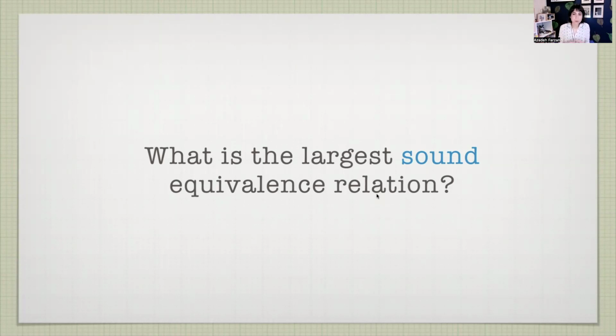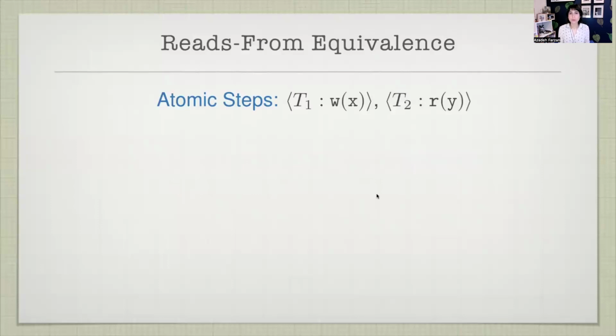So I'm interested in the largest such relation with the maximum prediction power. This has been studied in the field before. There is a notion of reads-from equivalence that was cleanly studied with Parosh, Abdullah, and company in 2019, but bits and pieces of it appeared in earlier work as well.